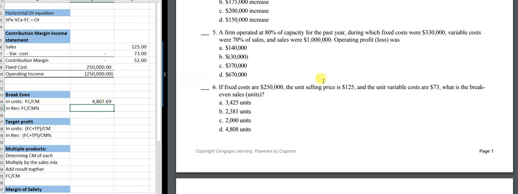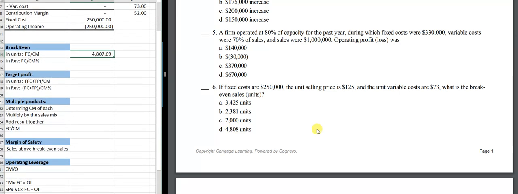Quite frankly, these are estimates of 125.73 and fixed costs of 250,000. So getting picky about whether it's 4807 or 4808, if this was, let's say, 0.29 there instead of 0.69, how you round is not an issue. And in a multiple choice, just pick the closest one. Okay, so that's number 6.